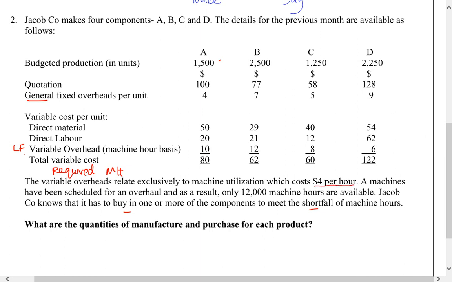You incur $4 per machine hour. Can you get 2.5 machine hours? Do you think? Cannot.